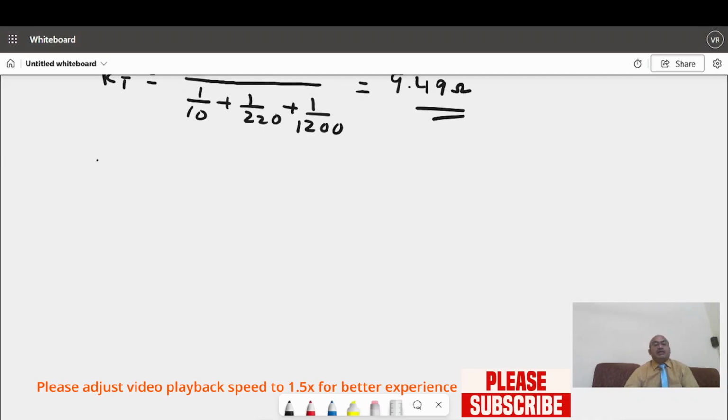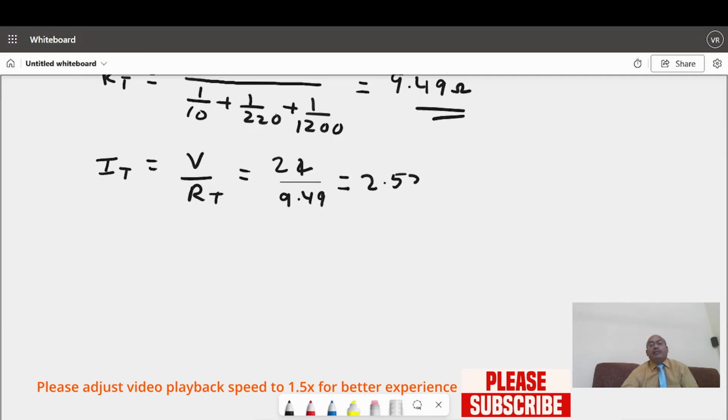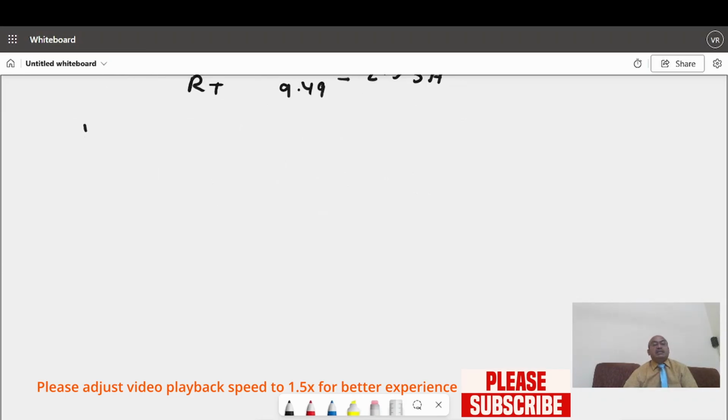Next, source current, that is total current IT, is equal to V by RT according to the formula. V is equal to 24 and RT is equal to 9.49, so IT is 2.53 amperes. Branch currents: I1 is equal to V by R1, I2 is equal to V by R2, I3 is equal to V by R3.